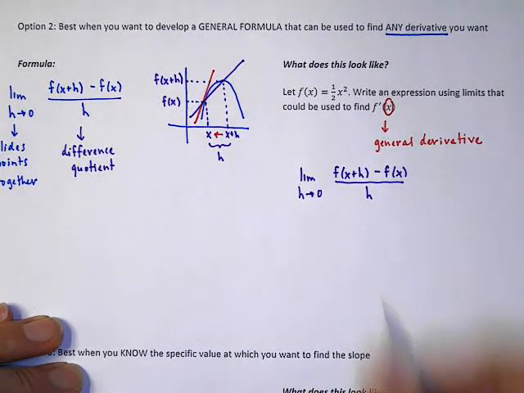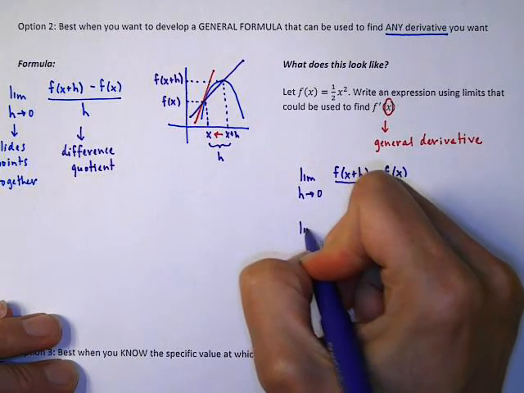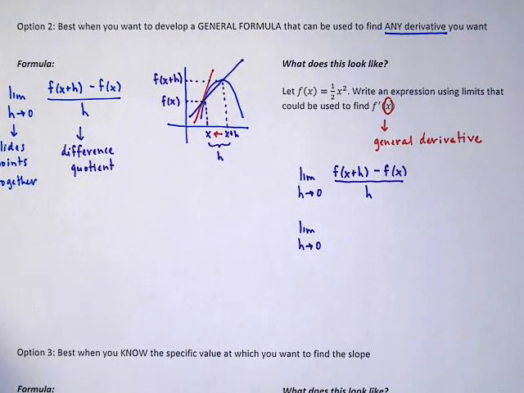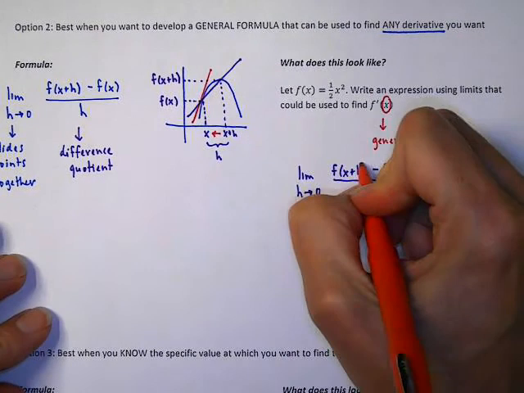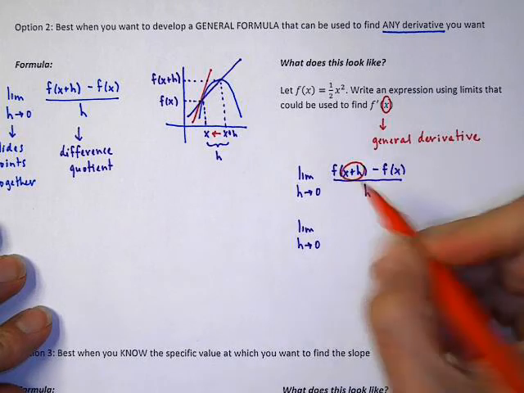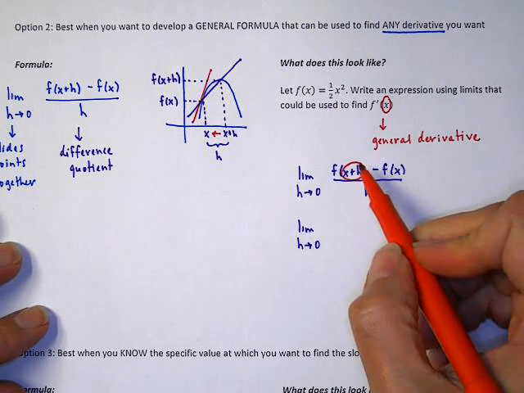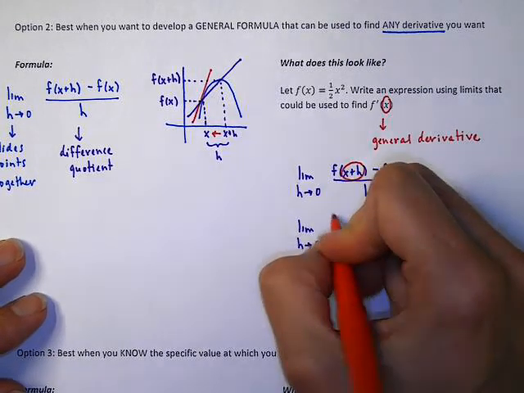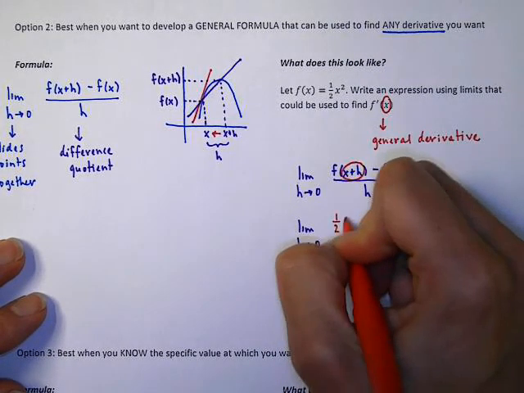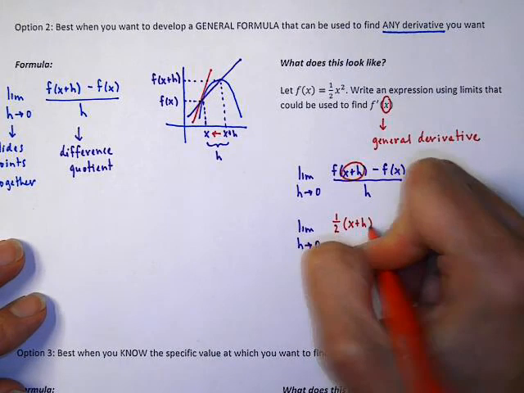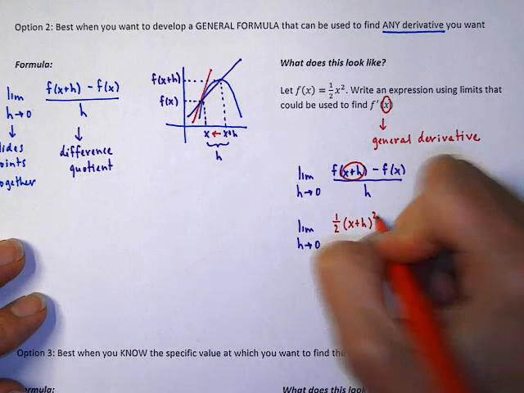Now let's see what we have for our function. We have the limit as h approaches 0. Now this tells me to take this x plus h, and wherever I see x in my original function, I'm going to replace it with x plus h. So this becomes now 1/2, instead of the x, I have x plus h, and then I still have the quantity squared.